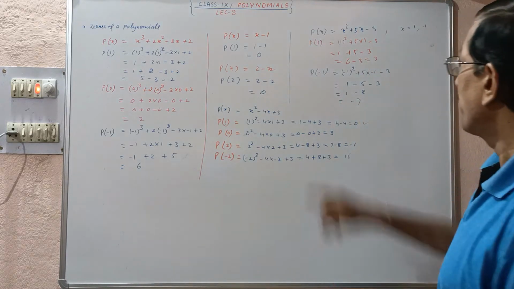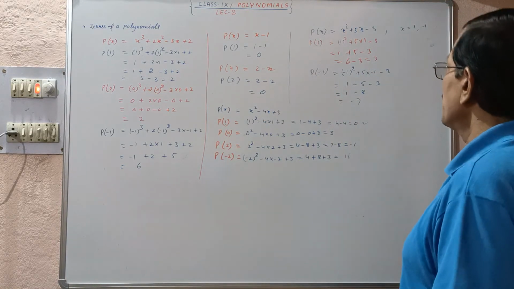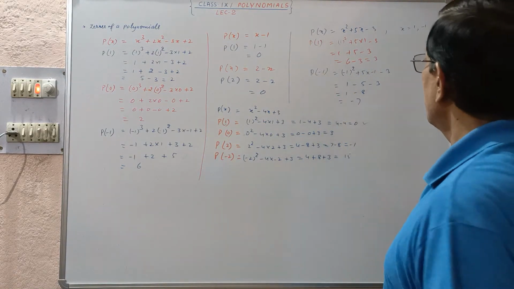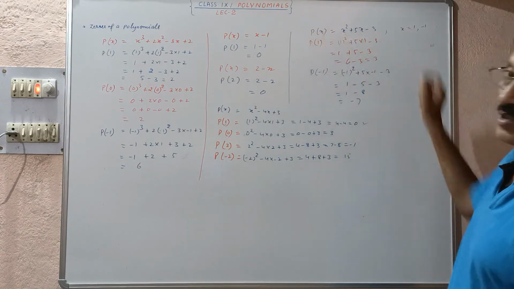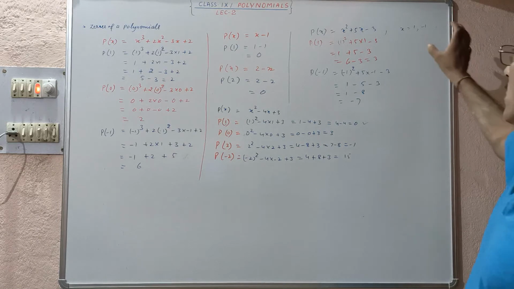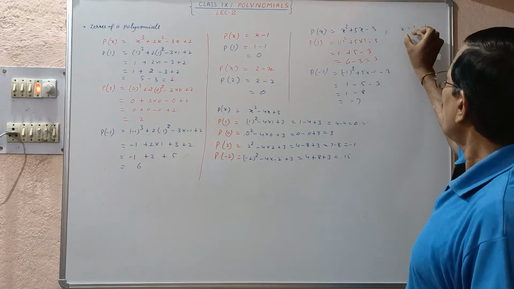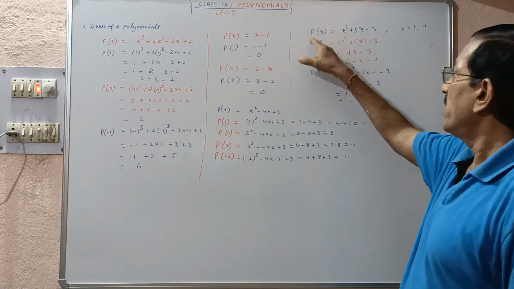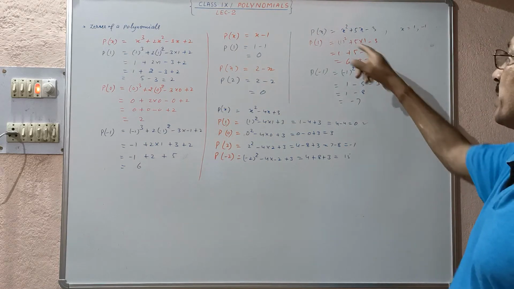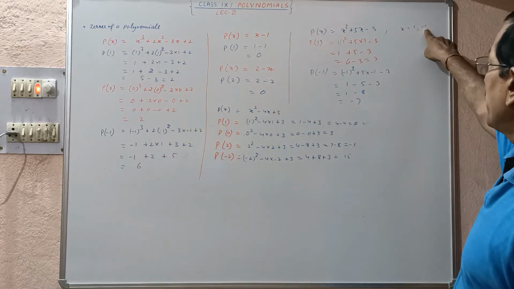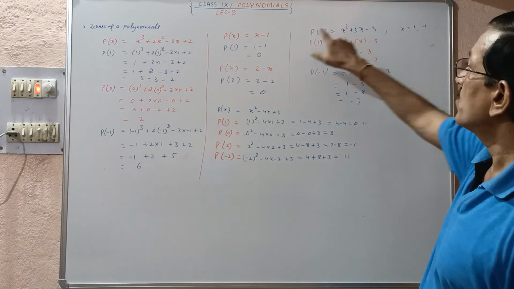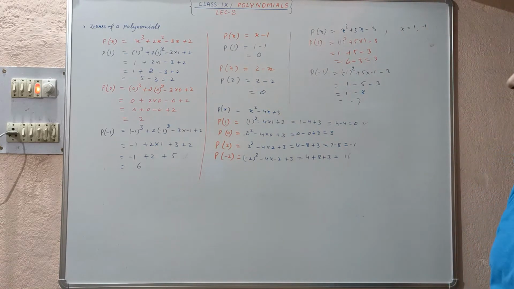Here also p(minus 1) is not 0, p(minus 1) is minus 7. So x equal to minus 1 is not a zero of this polynomial. When we put x equal to some value and we do not get 0, it means that particular value is not a zero of this polynomial.